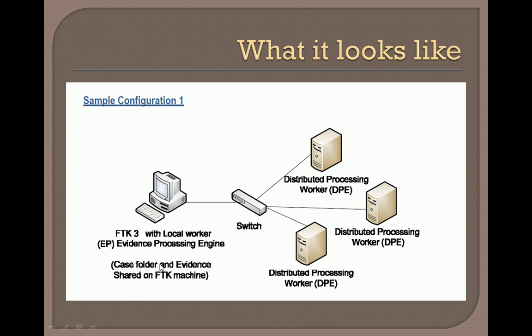If the case and evidence folders are also on that machine, there's a fairly good chance that this isn't going to work at all or not work well. You would need a really, really powerful header machine to make this work. Definitely not a recommended configuration.